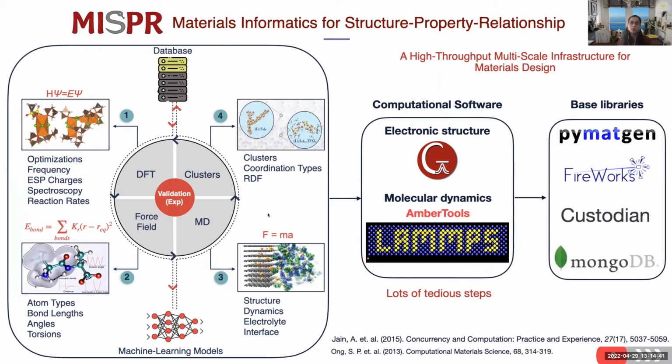And this was made possible by building MISPR over existing base libraries in the community. So we are using PyMatGen for molecule representation, we are using the FireWorks software for job management, and Custodian is an error handler. So let's say if we are running 1,000 calculations and 100 of those calculations fail, we don't have to manually go in and fix those 100 failed calculations.